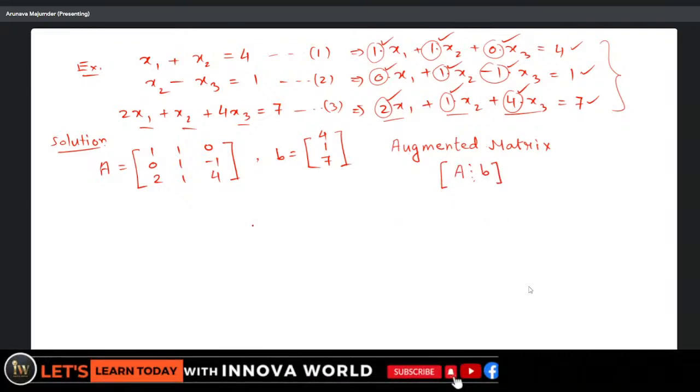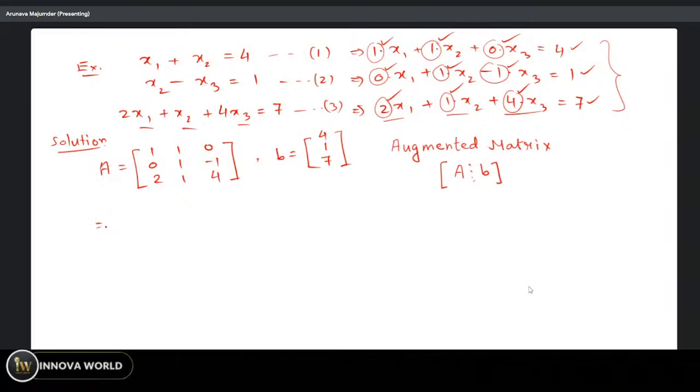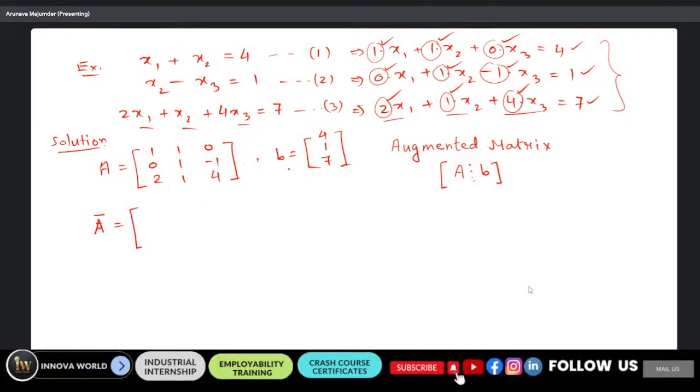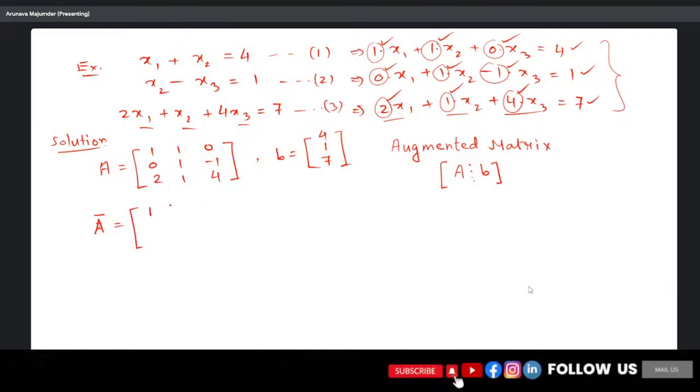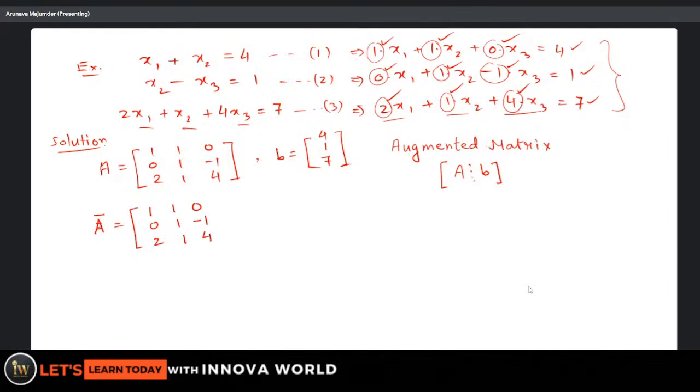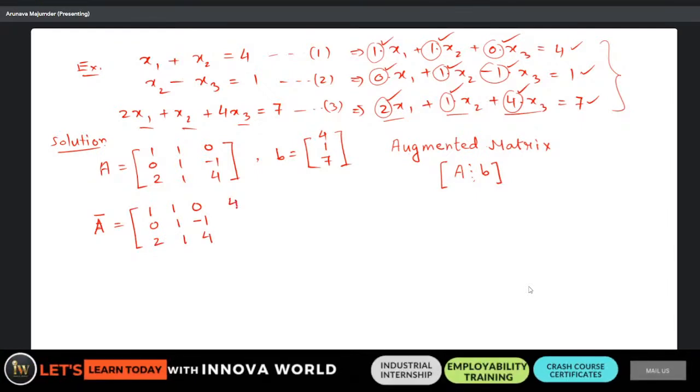Generally it is represented as A bar. Just combine these two matrices A and B. So 1, 1, 0, 0, 1, minus 1, 2, 1, 4, and the right hand side, that is the B matrix, is 4, 1, 7.